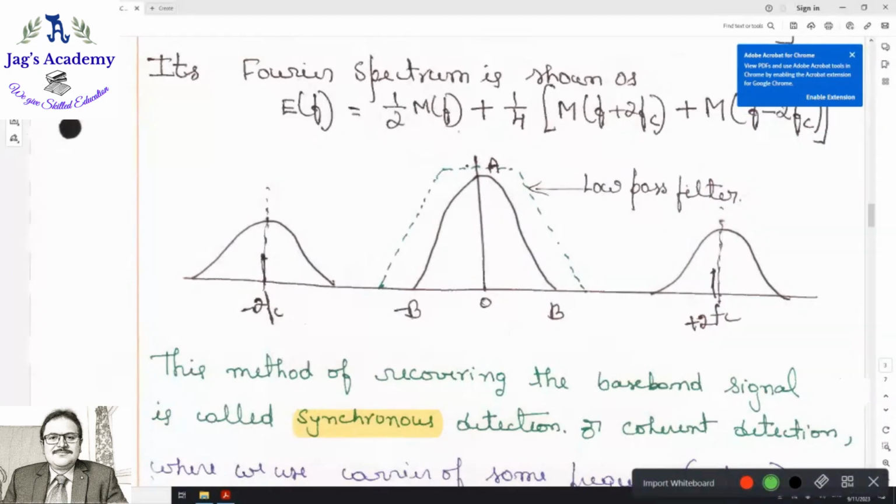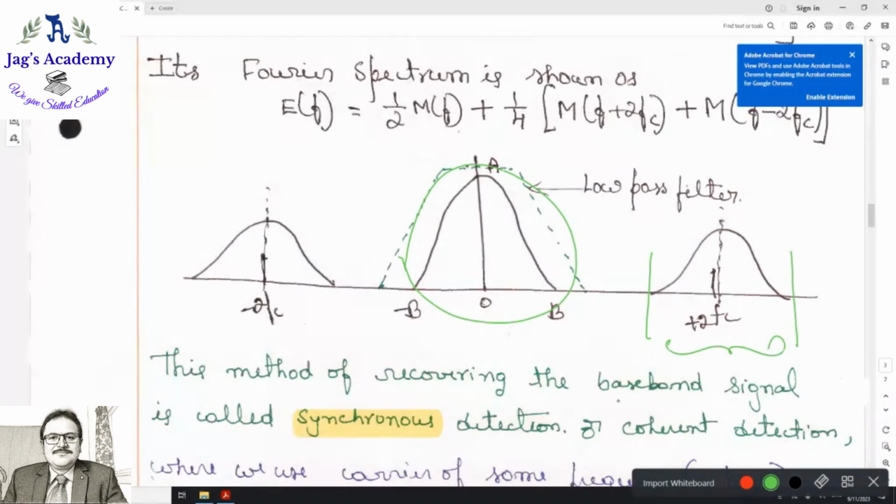See here, this is a spectrum of a baseband signal. Why is it called baseband signal? Because it's a low frequency. This is a spectrum of the message signal itself. This is called baseband. Now this is called passband. Right? Is it not that you are having certain frequency, passband frequency?